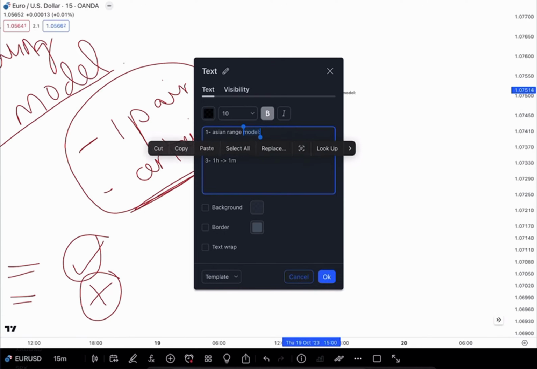Of course, the model is as follows. Step 1, mark the Asian range, which is 8 p.m. to 12 a.m. New York time. Step 2, wait for one side to be purged. And step 3 is enter with a 20 pip stop loss and a 20 pip take profit, just a blind entry, right?